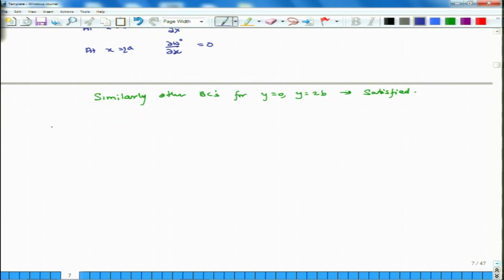Now we go to the next step. As w of x, y need not satisfy the partial differential equation, if it was satisfying it, the left side and the right side of the equation would be identical, and the difference between left and right side would be 0.